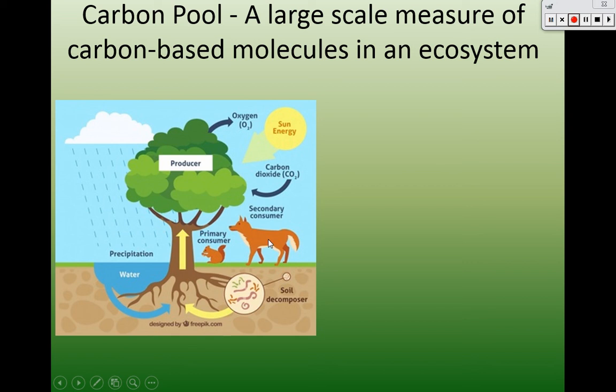We've got the secondary consumer apparently lying in wait to kill off the primary consumer. We've got soil decomposers down here. We've got a nice little water cycle going on right here. So this is everything we've come to expect. And so a carbon pool is where within an ecosystem the carbon is hanging out, okay?